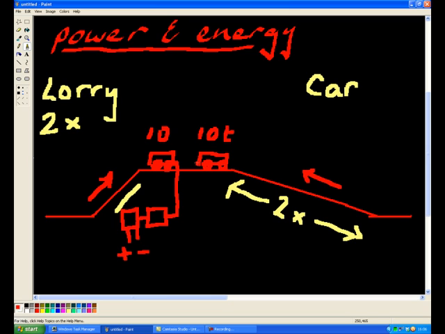Now if we did the same thing here, exactly the same, and we had our turbine and then a generator, and it produced electricity, we would get the same amount of electricity out of both of them. So the water on the left contains exactly the same amount of energy as the water on the right.